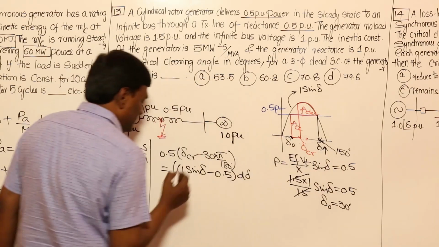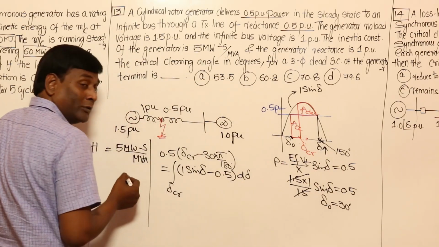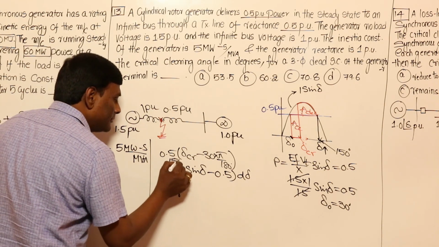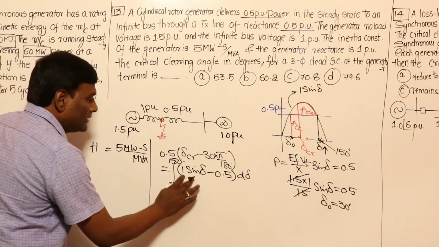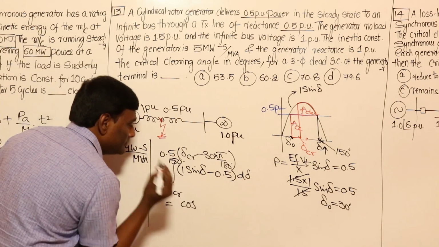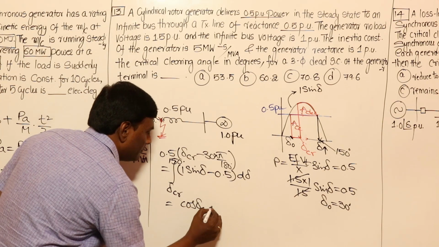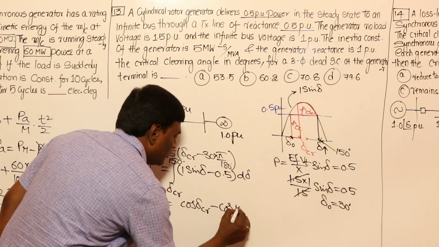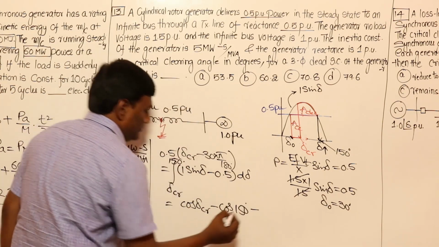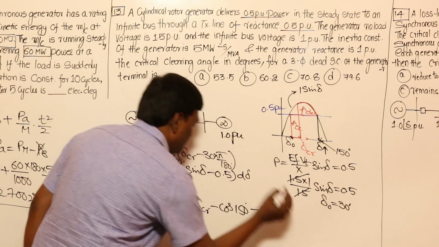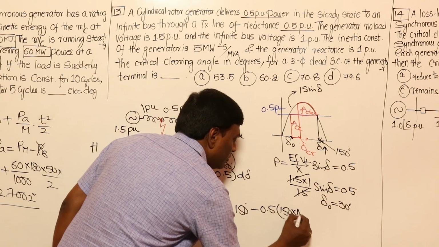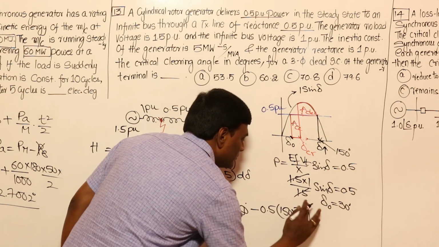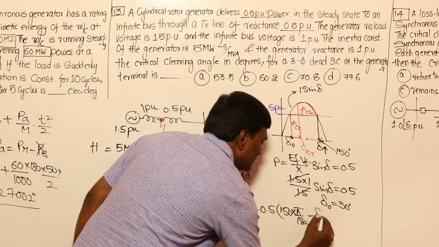Delta CR to delta max. Delta max is 150 degrees. Okay, so this is going to be cos delta CR minus cos 150 minus 0.5 into 150 into pi by 180 minus delta CR.